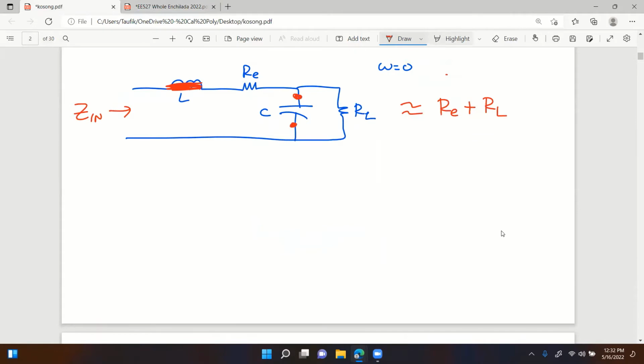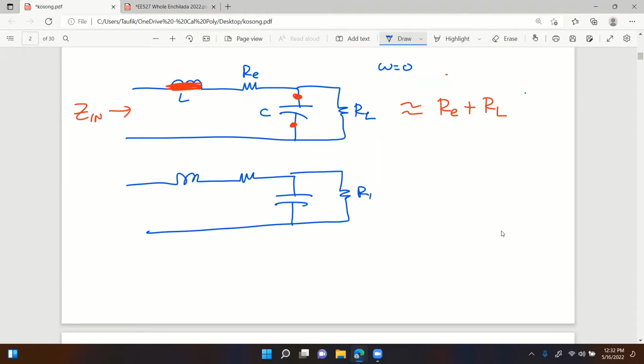Again, we have the same filter circuit, right? Like this. RE is right here, L is right here, C is right here. When omega is equal to infinity, what happens with the capacitor? It becomes a short, right? Now this is tricky, because omega equals infinity means this looks like an open.